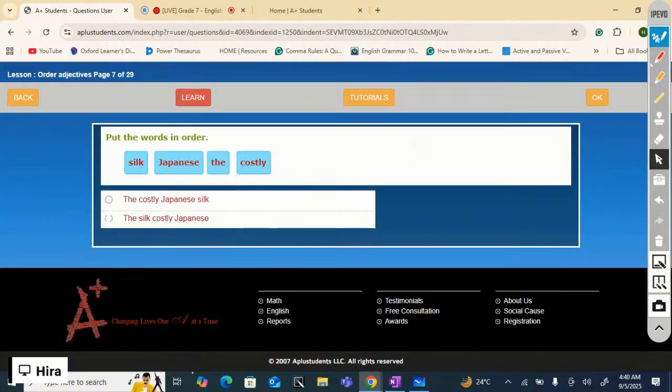Silk, Japanese, the costly. Which option is correct?